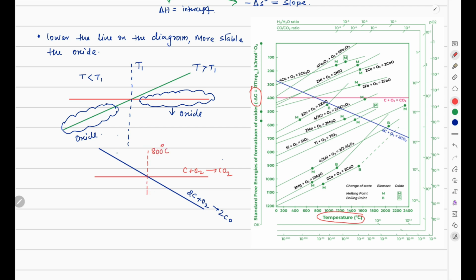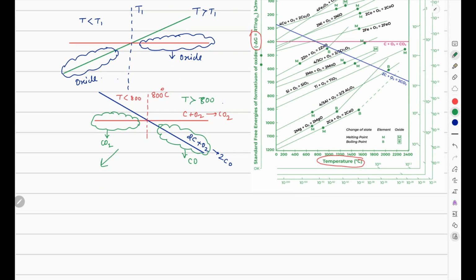When the temperature is less than 800 degrees Celsius, the lower line is more stable, means the product CO2 is more stable, and for temperature greater than 800, this blue line is more stable. So the CO product will be more stable.